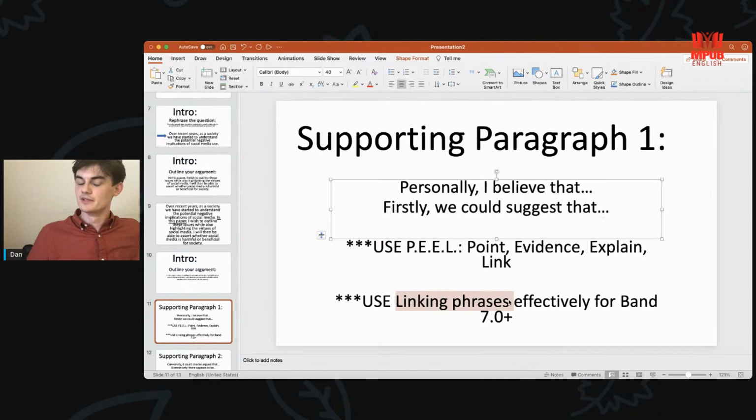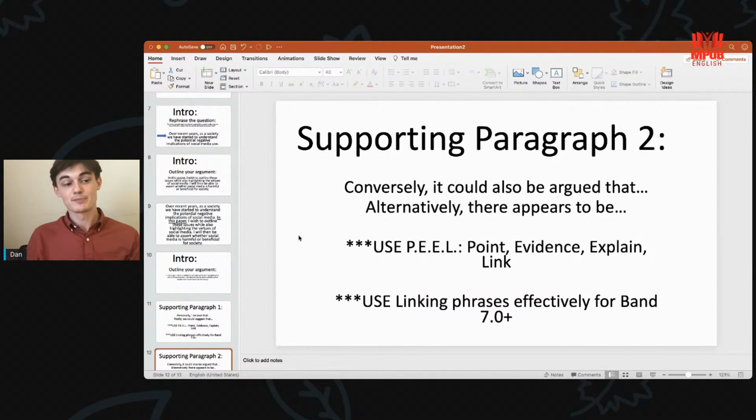I'll also be covering them in more detail at another time. These are probably some of the most important parts of vocabulary you need to know for a written exam, because they help you create the sense of flow in your argument and link your ideas together, hence the name linking phrases.